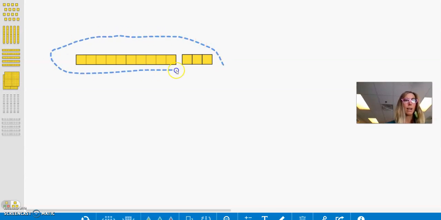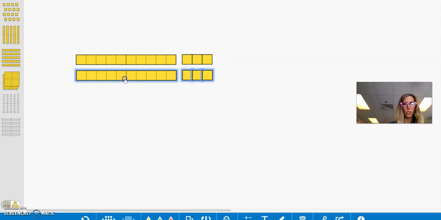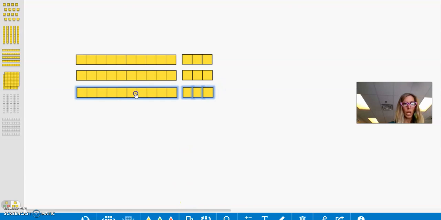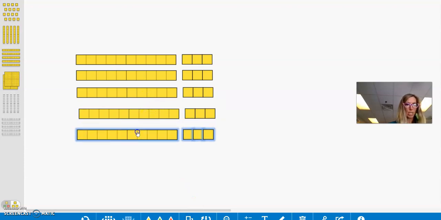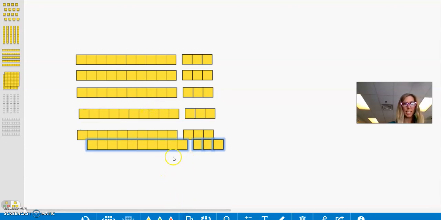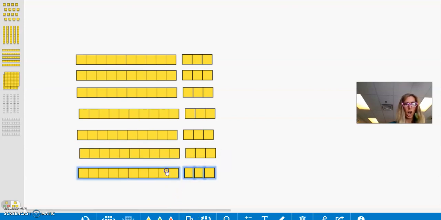So I'm going to take that amount and I'm going to copy that, duplicate down here, duplicate it, bring it down. That's day number 2. I need to duplicate it again for day number 3, day number 4, day number 5, day number 6, and day number 7.